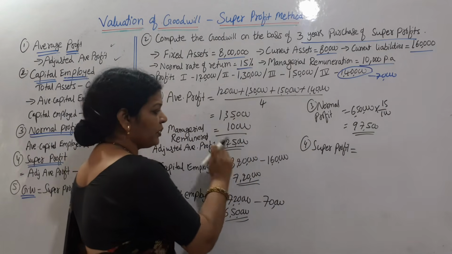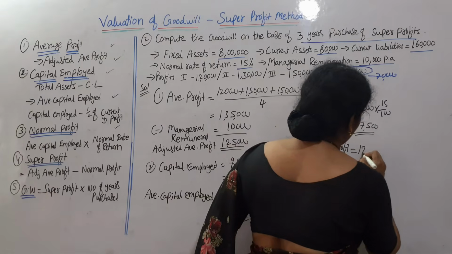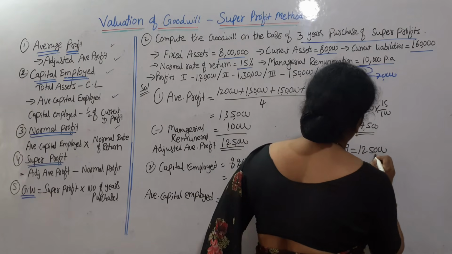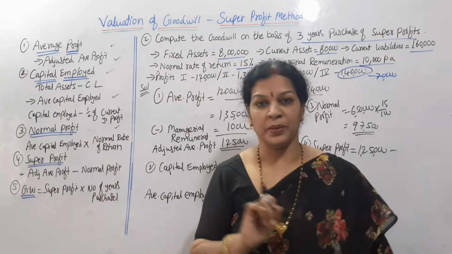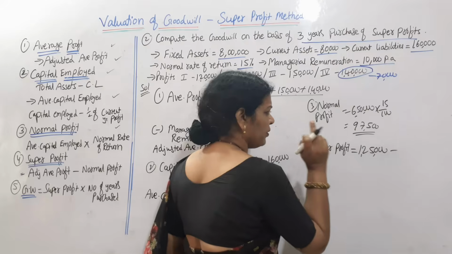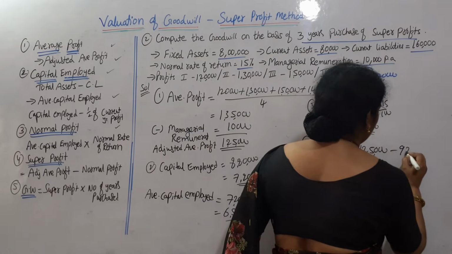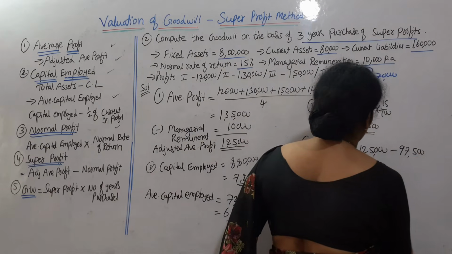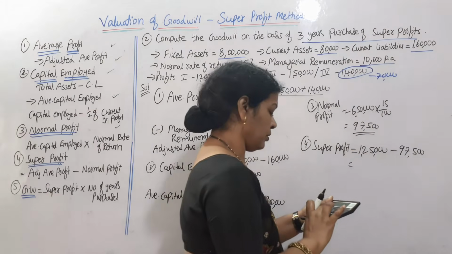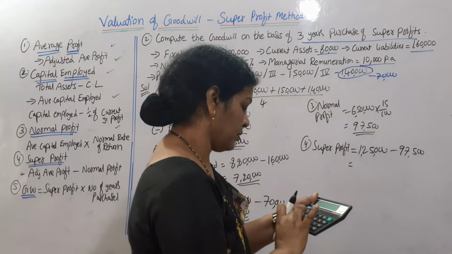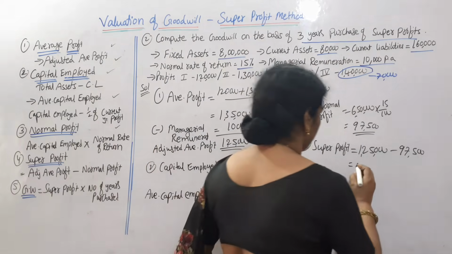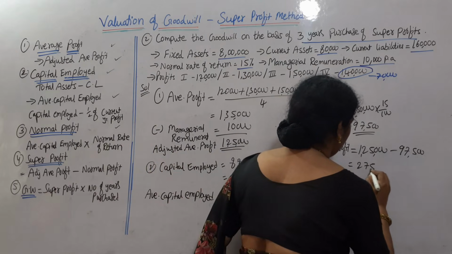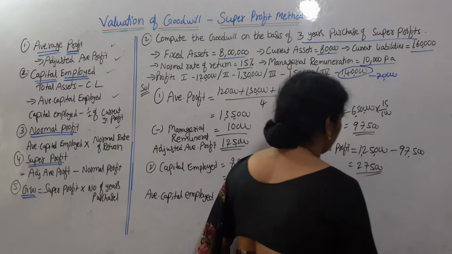Okay, 1,25,000 minus normal profit. Normal profit just now we got 97,500. It is 27,500. Super profit is 27,500.